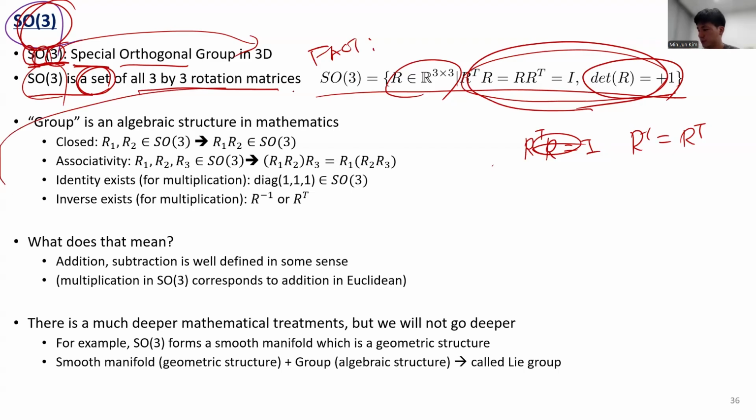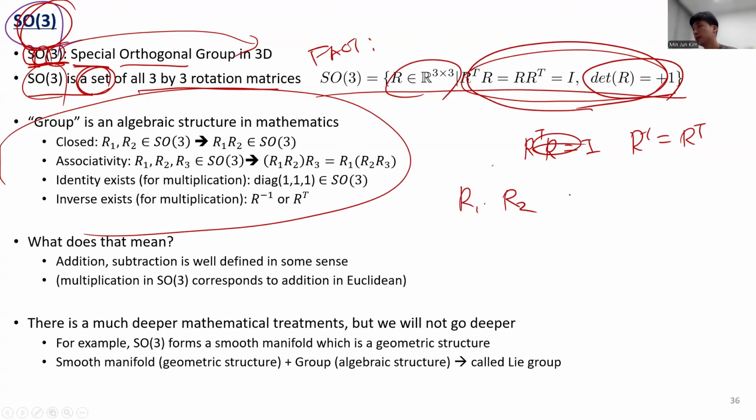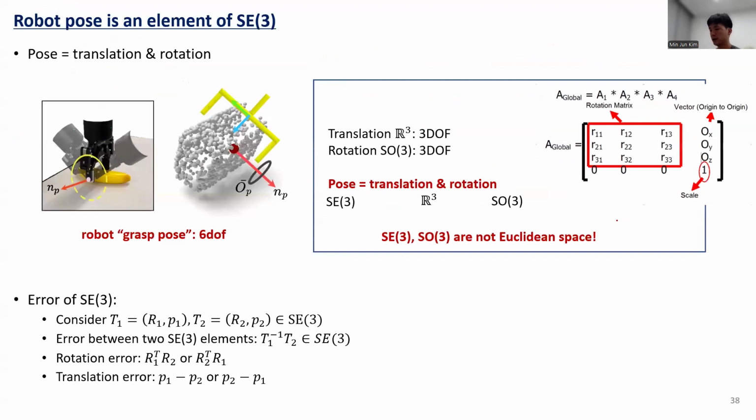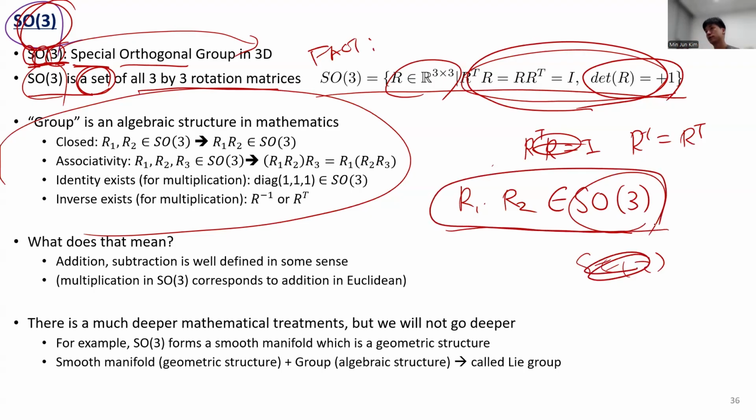It's a group, but I don't think you really have to know it. Just one thing: if you multiply any two rotation matrices, then that's again a rotation matrix. And by notation, I will use this: the rotation matrix belongs to SO3. In the following slides, I use SO3 and SE3 a lot, but whenever I use something like this, you can just think, okay, this R matrix is a 3x3 matrix and it's a rotation matrix.